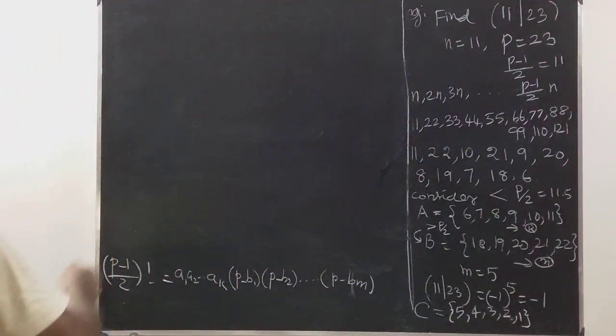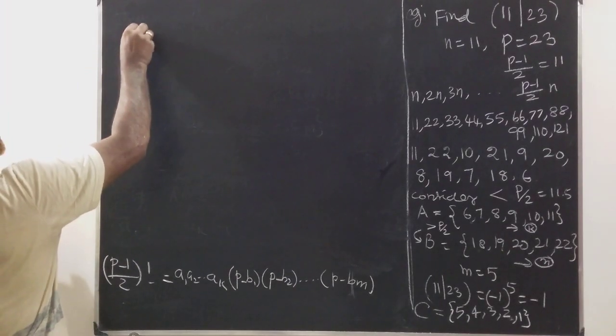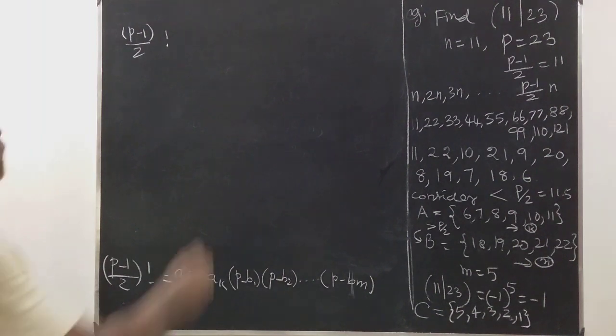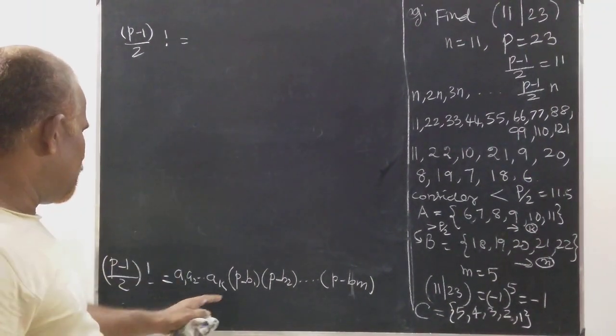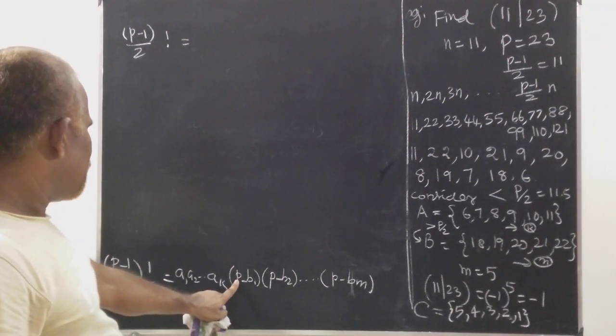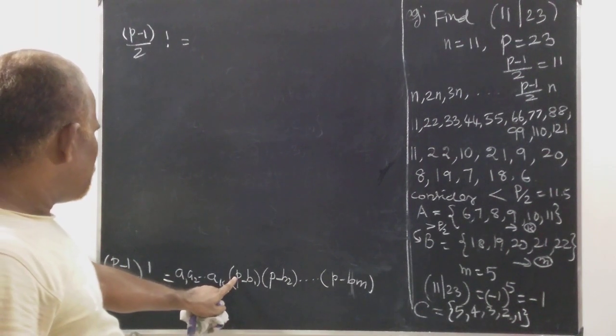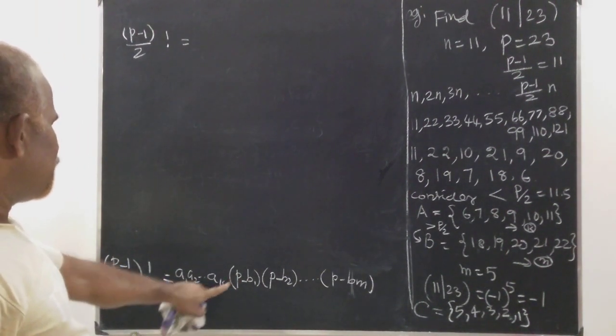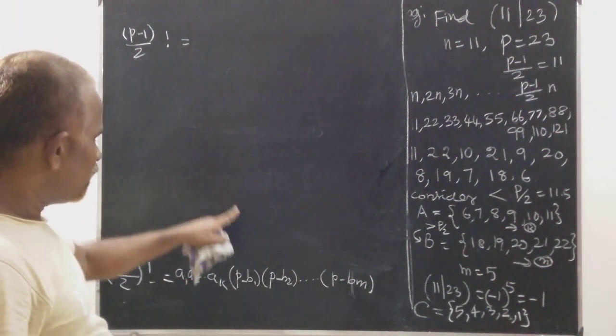So this is equal to ((P minus 1) by 2) factorial. Here if you multiply P with any element, it is 0. P times 1 is 0.